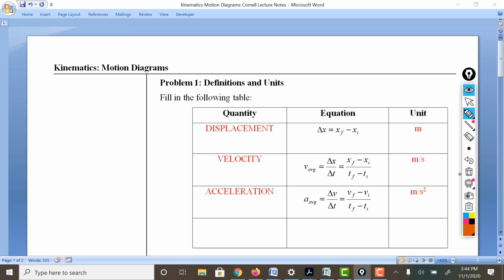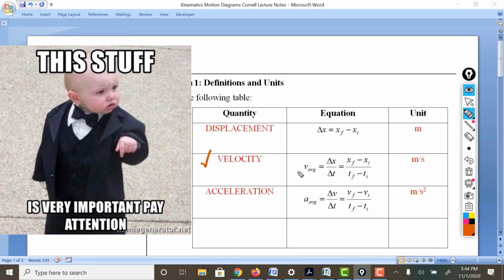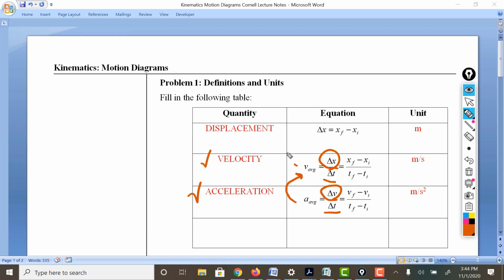Acceleration is a change in velocity. So you'll notice that velocity was a change in displacement with respect to time. Acceleration is a change in velocity with respect to time. So it's almost like each one goes back to the previous one to define it. Acceleration is going to be the change in velocity over the change in time.